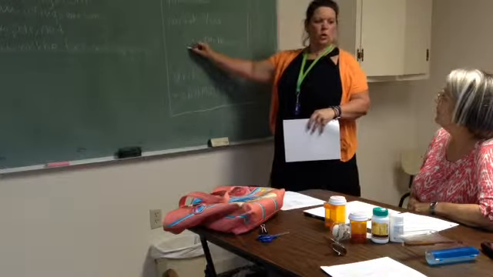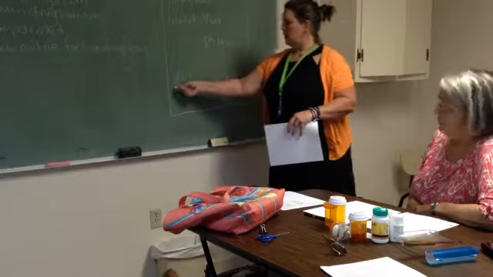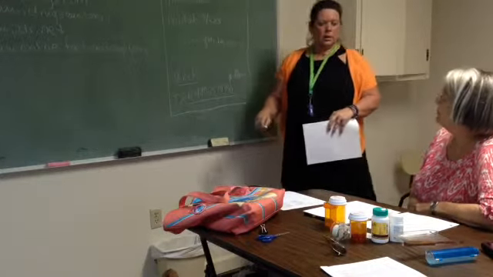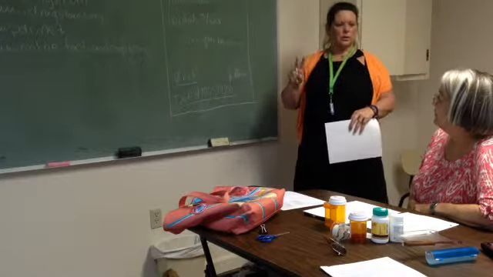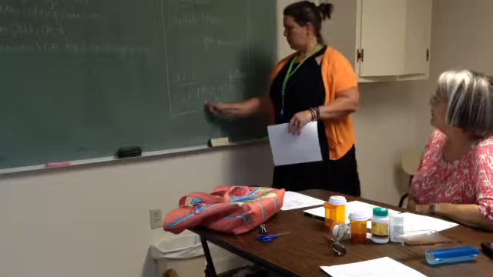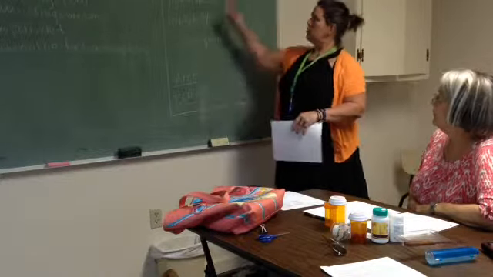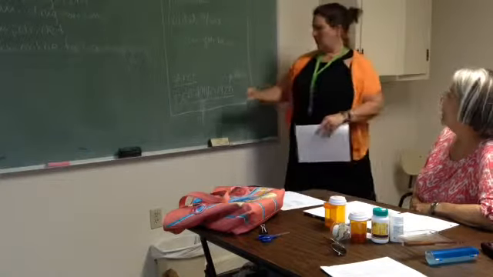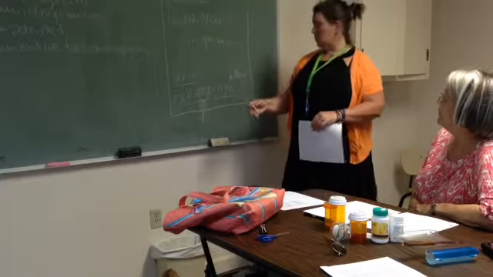Our SIG is 1 PRN, or 1 as needed, every 6 hours for pain. 0 refills, and here's our DEA number. For our DEA number, remember we have 2 checks. We look at the second digit. The second digit has to be the first letter of the doctor's last name, and that checks out. So then we go to our second check.